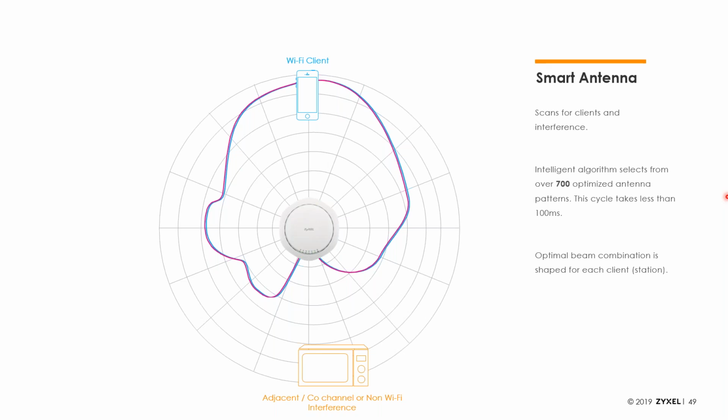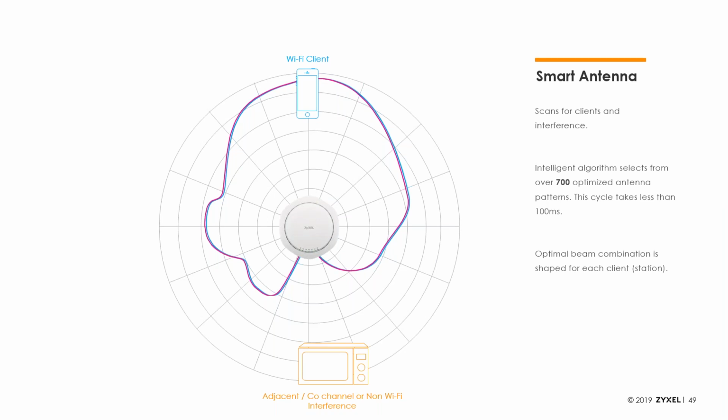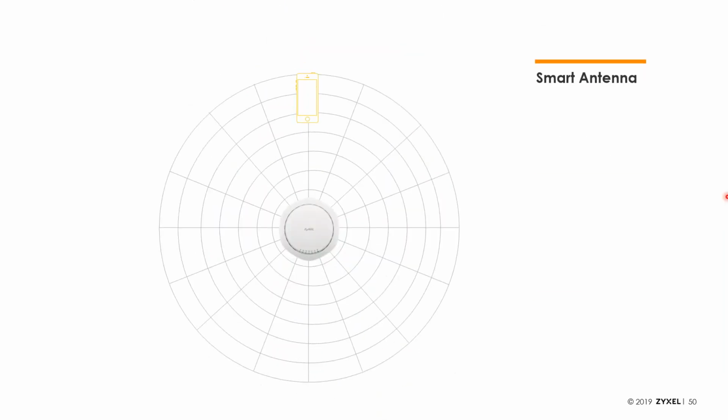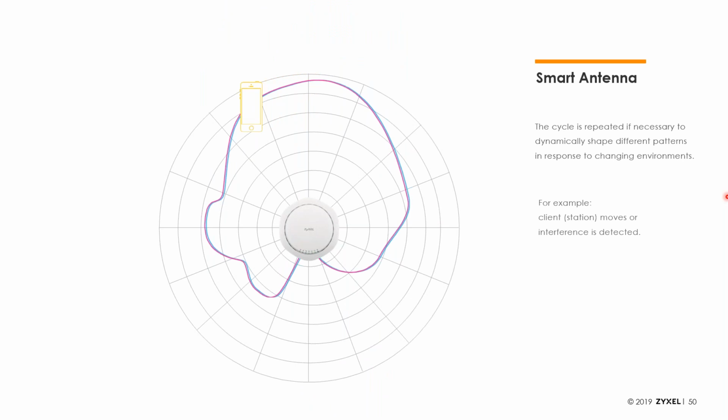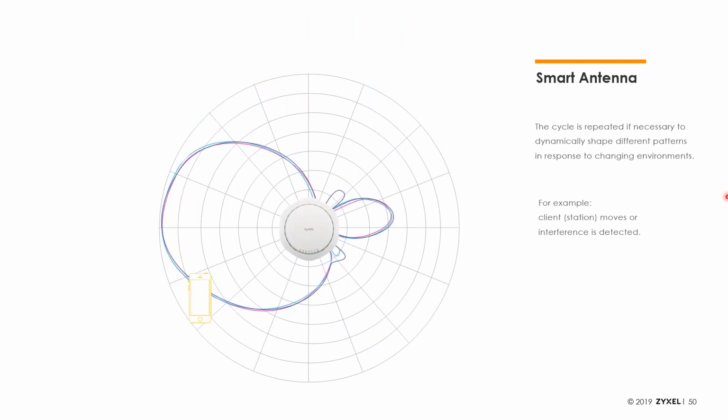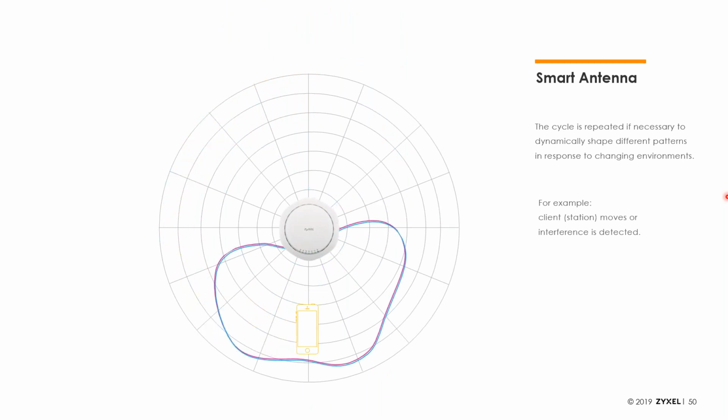And of course, it steers away from interference as well, like the microwave represented in this picture. The AP is able to adjust this constantly, so when the client starts moving, it is able to change and steer the antenna pattern according to the client location at all times, not just in static environments.